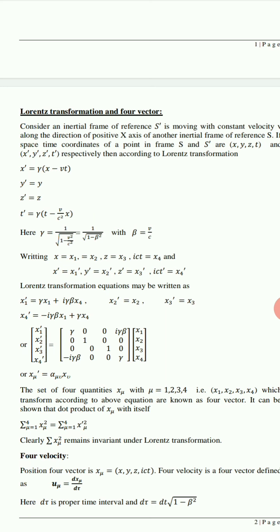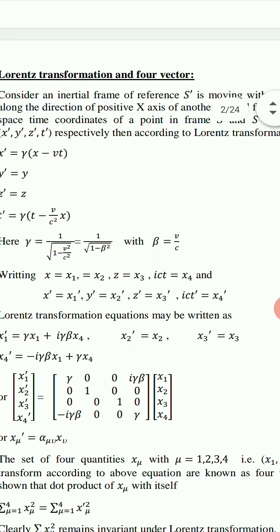In S dash frame, moving frame, space-time coordinates of this point are x dash, y dash, z dash and t dash. And these space-time coordinates are related with each other by following 4 equations.